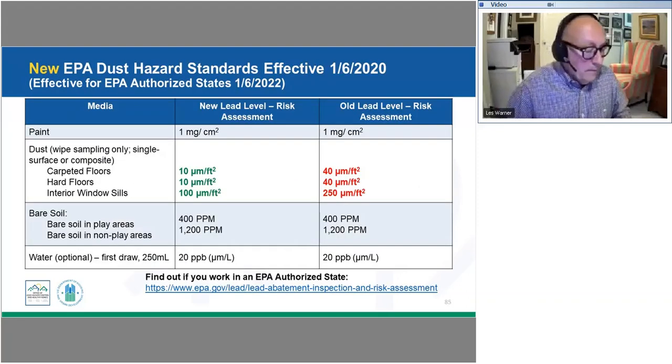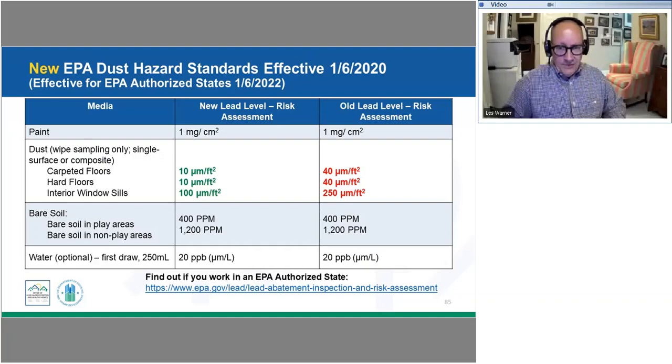So I wanted to mention the dust hazard standards. The EPA has updated their clearance standards, which now match what the risk assessment dust hazard standards were. So for a little while, we had a mismatch on those.